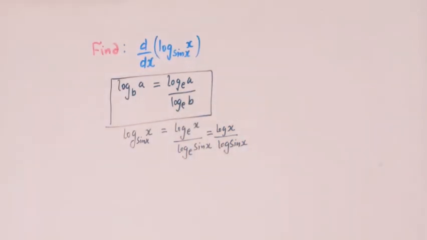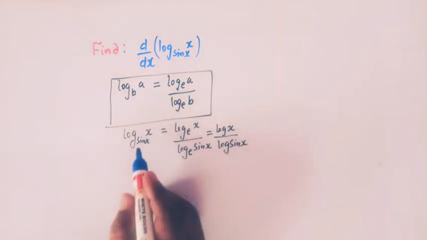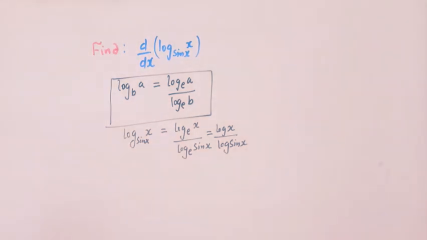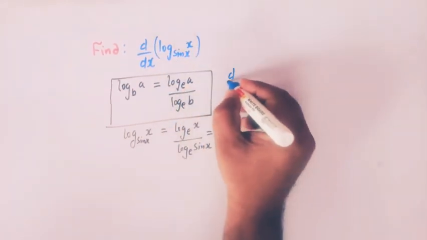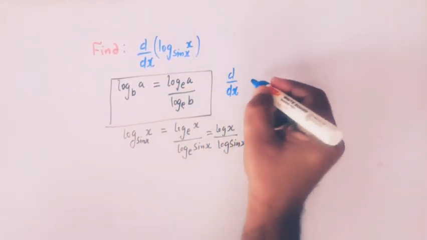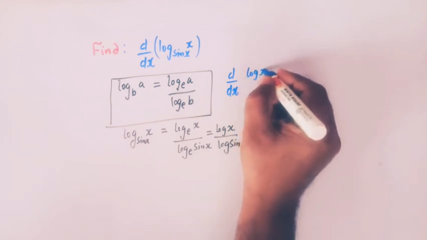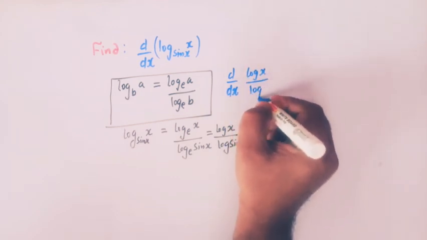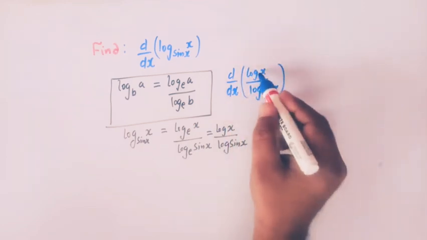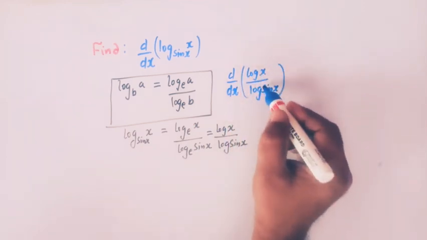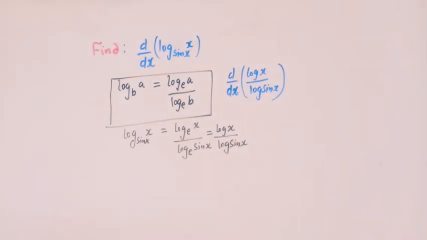Okay, so now once we have changed the base, we can differentiate this term. So now we can write it as d by dx of log x over log sin x. Now we have two functions, and we can use the quotient rule.